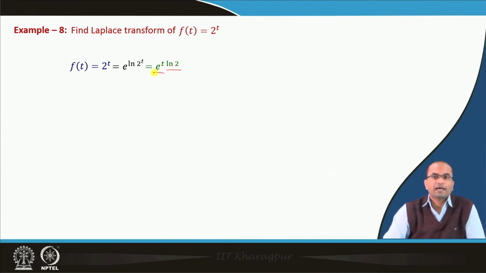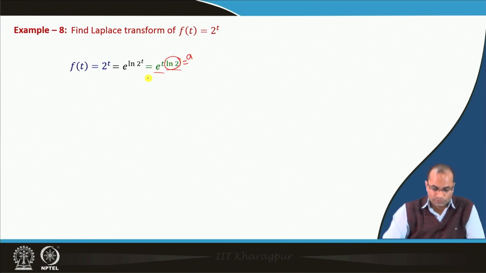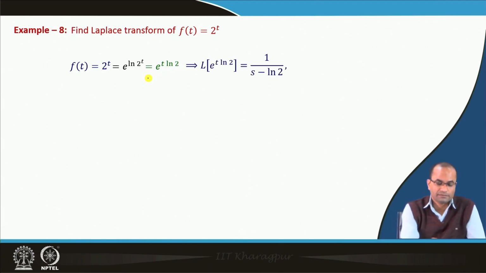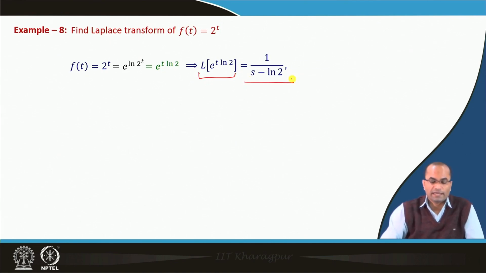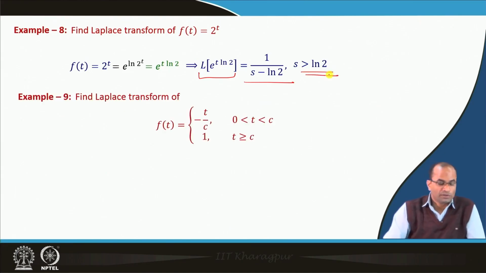So, what form do we have? It is an exponential function of a t, where a is now ln 2. So, this can be used to get the Laplace transform, which says 1 over s minus a, which is ln 2, where s must be greater than ln 2.